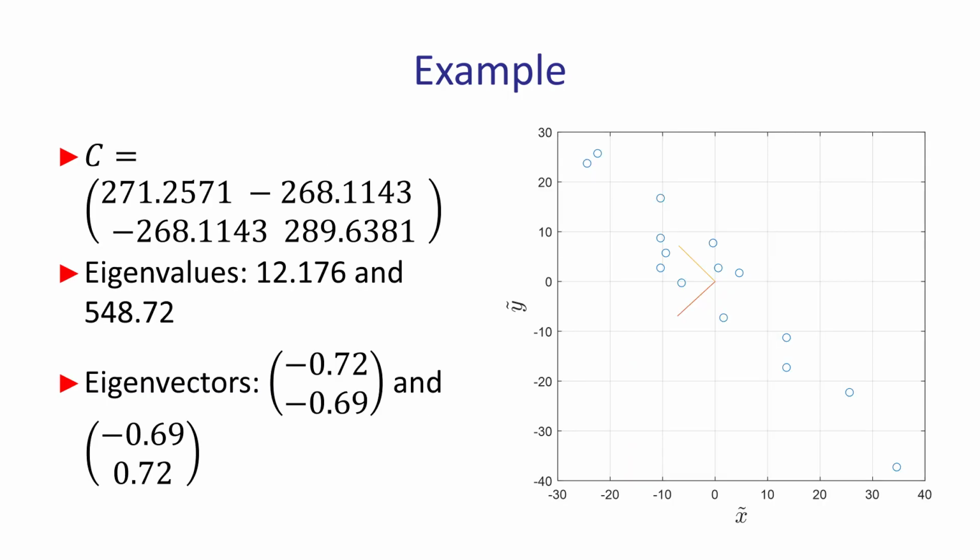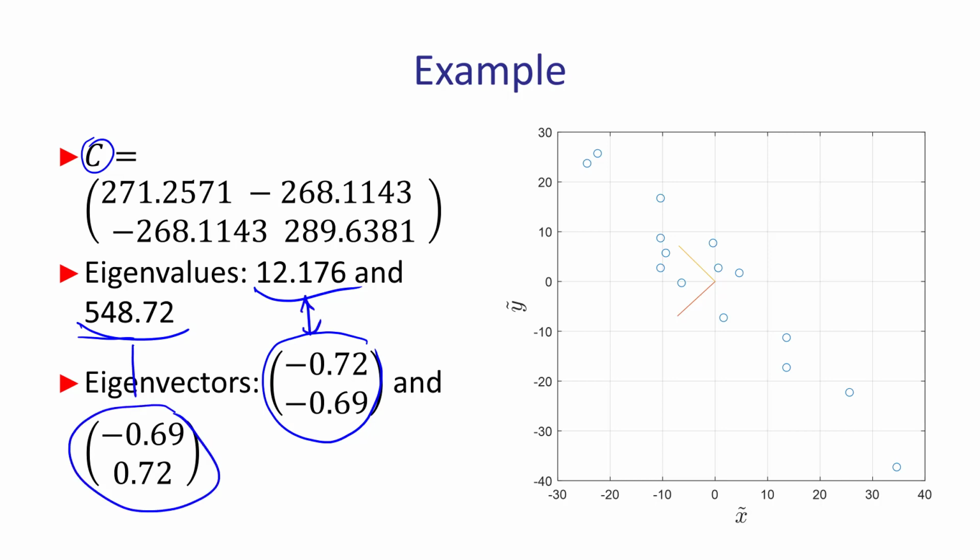Now I compute the covariance matrix and the appropriate eigenvalues. I have two of those, since this is a 2 by 2 matrix. One of them is 12, another of them is 548, and then the appropriate eigenvectors. The first vector is appropriate to 12, and this one is the second one, which is appropriate to 548.